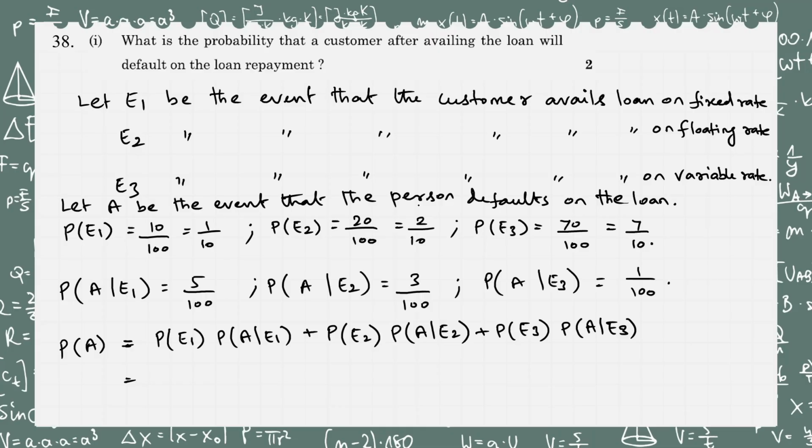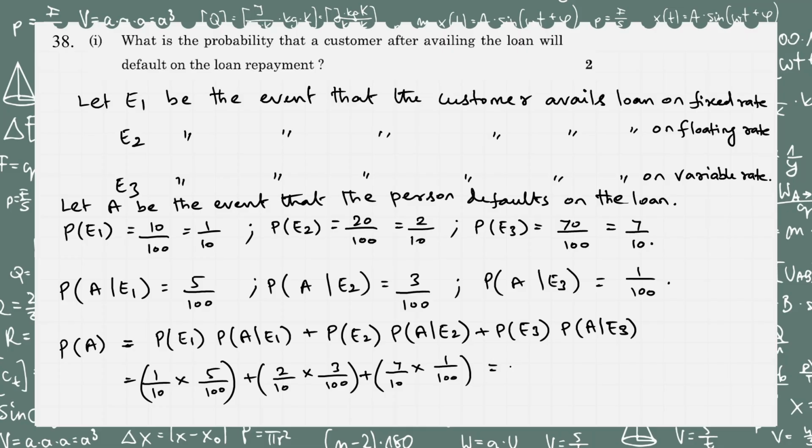We know their respective probabilities. Let's put them here. So P of E1 is 1 by 10 and P of A given E1 is 5 by 100, plus P of E2 is 2 by 10 and P of A given E2 is 3 by 100, plus P of E3 is 7 by 10 and P of A given E3 is 1 by 100.